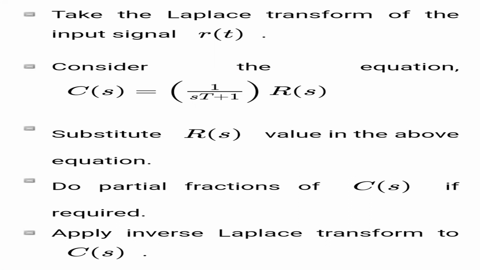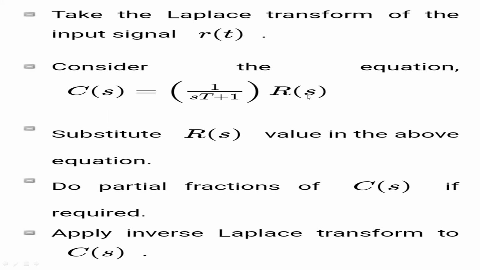The first one is take the Laplace transform of the input signal r(t). Then consider the equation C(s) = 1/(sT + 1) into R(s), which is the output. Substitute R(s), whatever is the input, for different test signals: ramp, step, impulse, parabolic input signal.